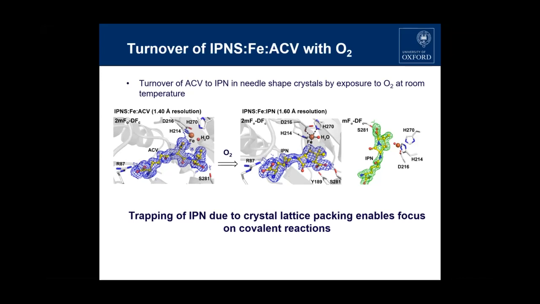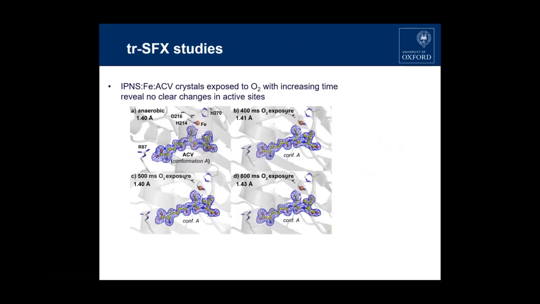What we did next, so all experiments I'm showing now were collected from the same crystal slurry, so we can actually compare them. We exposed our crystals to oxygen. As mentioned a moment ago, these crystals were all in a big anaerobic reservoir.